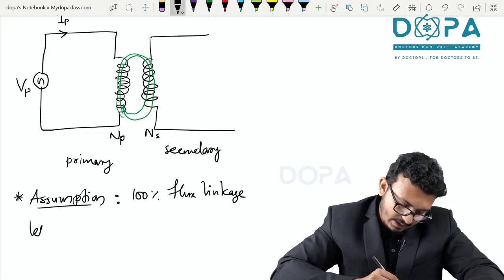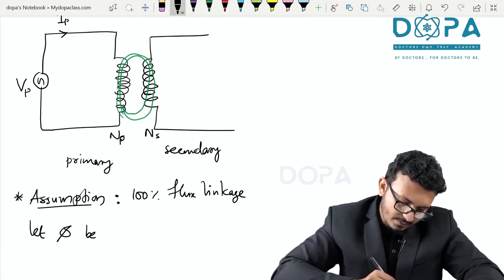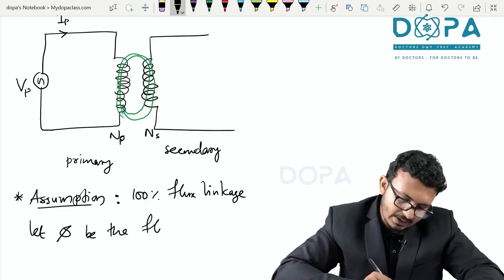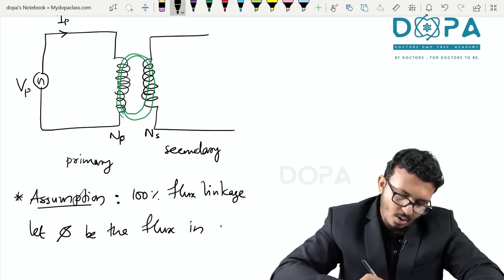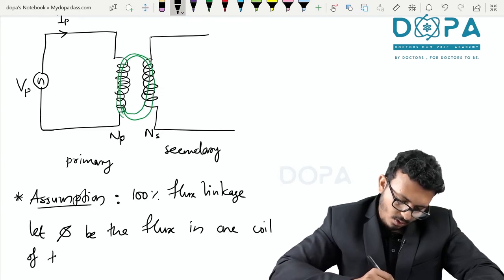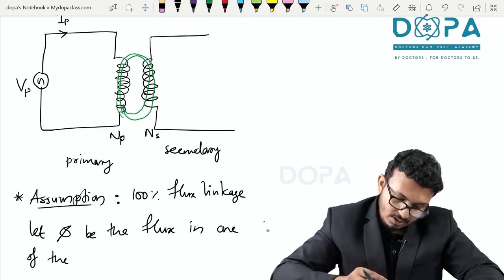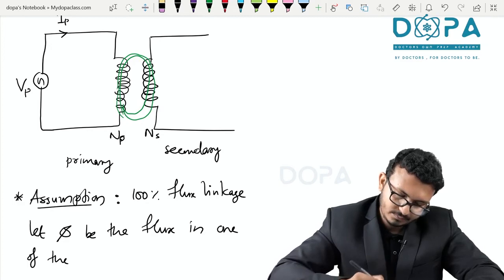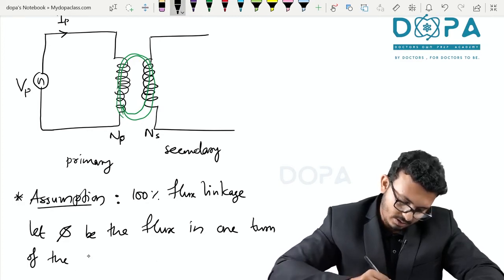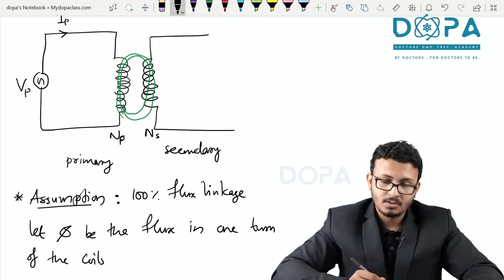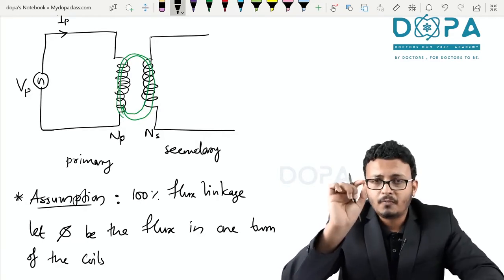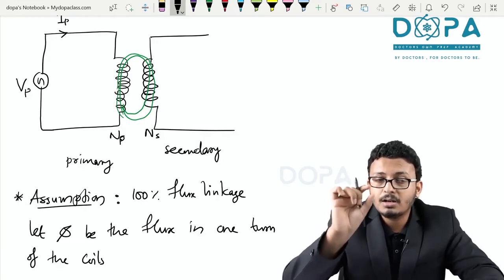And let phi be the flux through one turn of the coils.